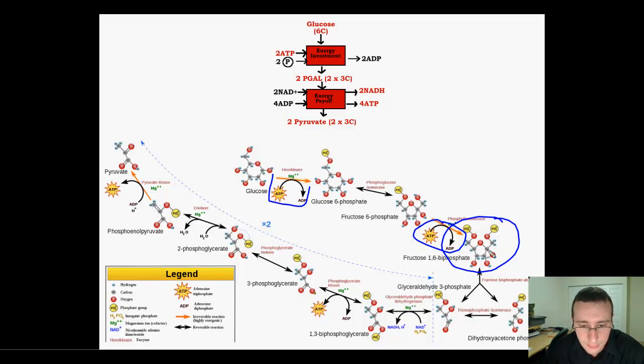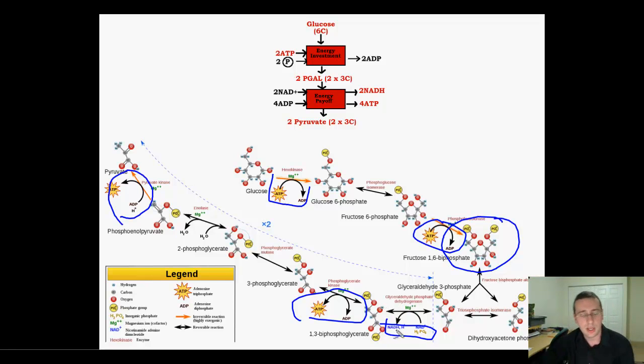And then this glucose will split into 2 molecules, which are the PGALs, which will then undergo a process that produces 1 NADH here and 1 ATP here per molecule, and there you have the other ATP. But since this happens twice, you're going to get 4 ATP and 2 NADHs out of this process, giving you an overall net of 2 ATP and 2 NADHs. So that is glycolysis.